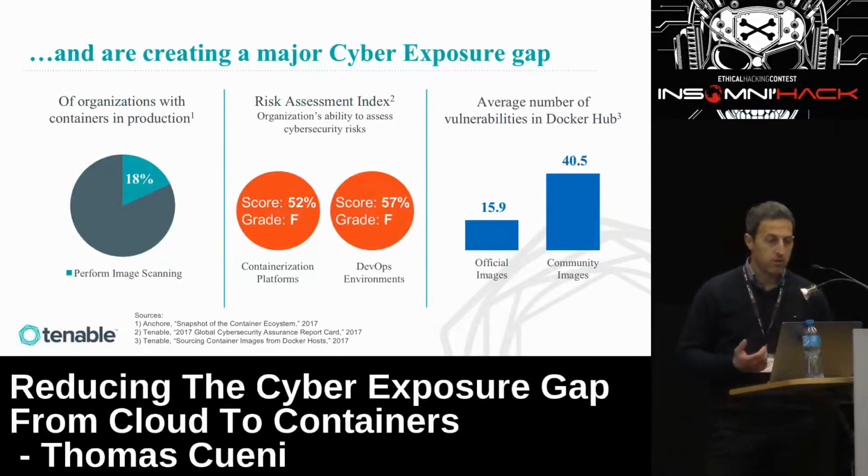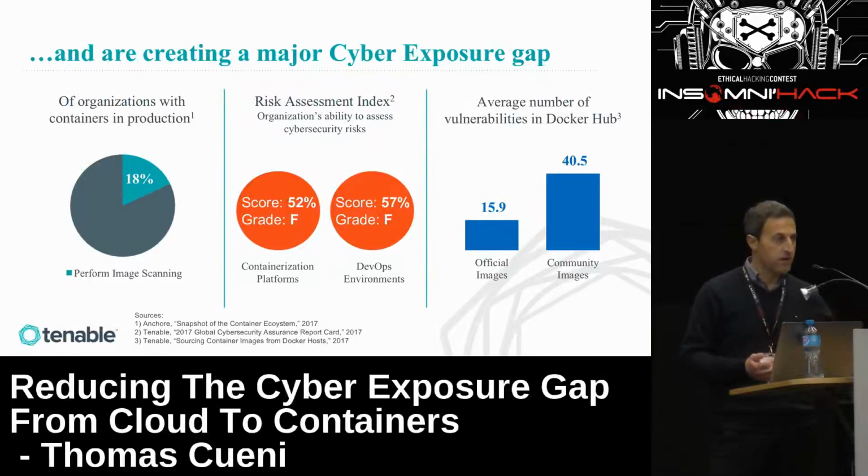And if we look at what's in those containers, we see that in the official images that come from the vendors or from the creators of these images, there are on average 16 vulnerabilities in one Docker image. And it's very easy to publish your own images.